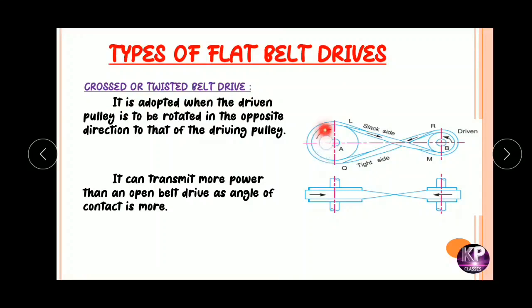In this case, when the driver rotates in the clockwise direction, the driven rotates in the anti-clockwise direction. It can transmit more power than the open belt drive because of the angle of contact. Angle of contact means angle of lap, which we will discuss later. Here the angle of lap is more as compared to the open belt drive, so more power can be transmitted.